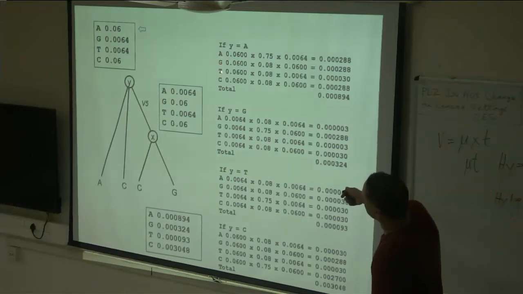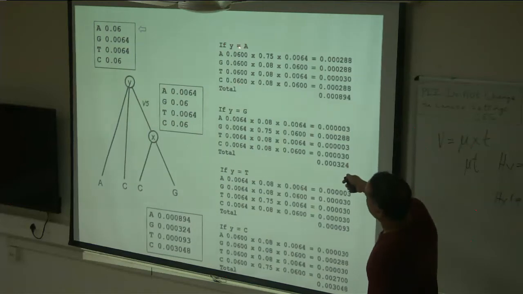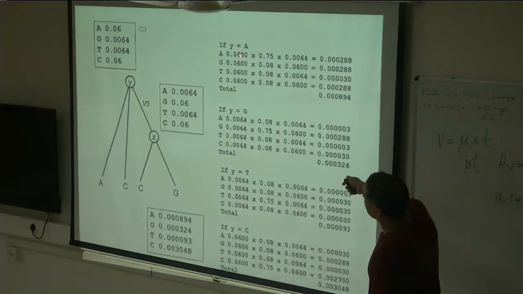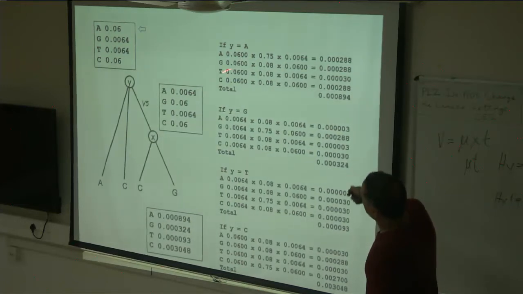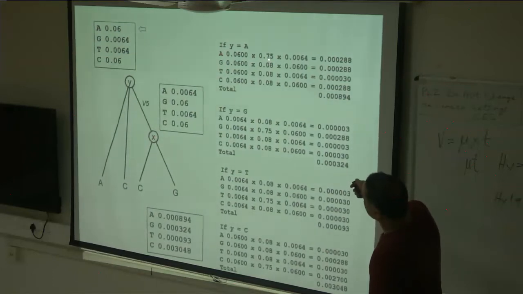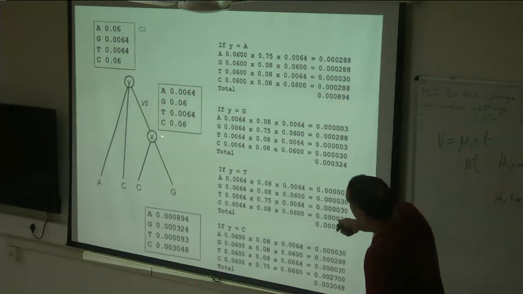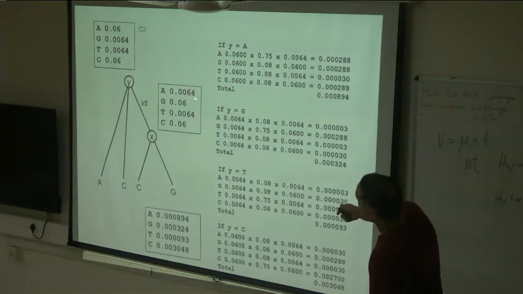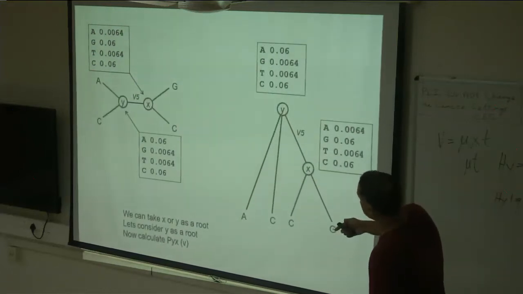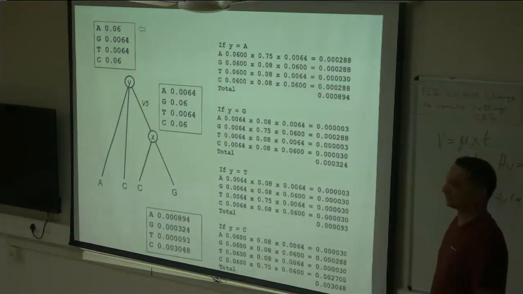X can be A, G, T or C. So the probability that y is A is 0.06 and x is also A, so that is the probability of no change, times the probability that x is an A, 0.064. Remember we got this from this exercise here. That gives you the probability of that change there.